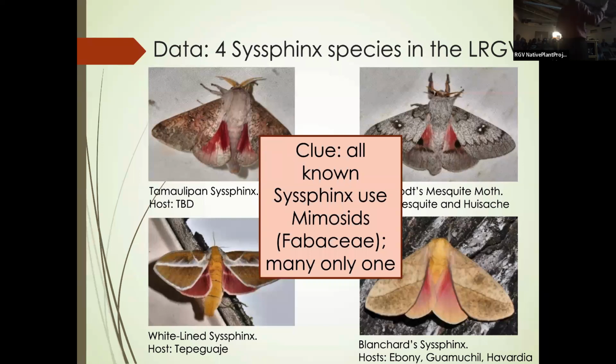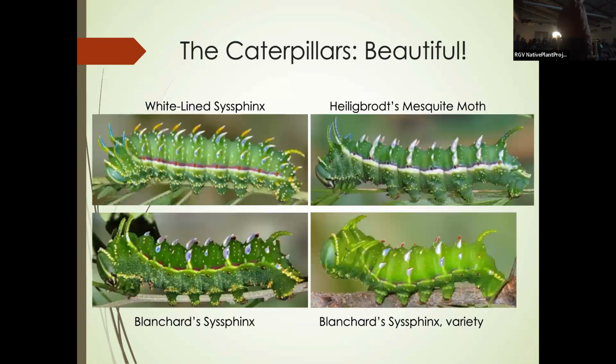And he was also including information on many other species throughout the US. And they're still all pretty much 1 or 2 species of host plant. So he said, it's got to be one of these trees. And we've searched them all and we can't find it.